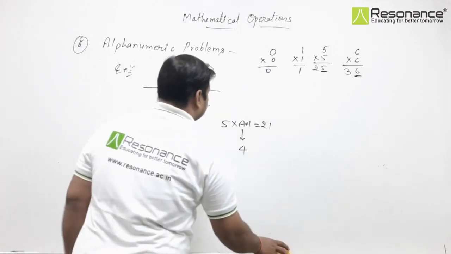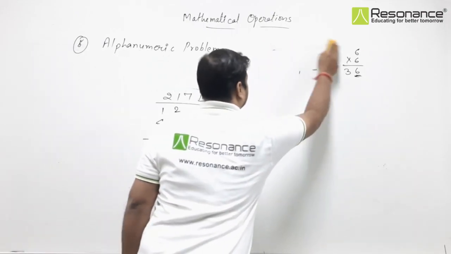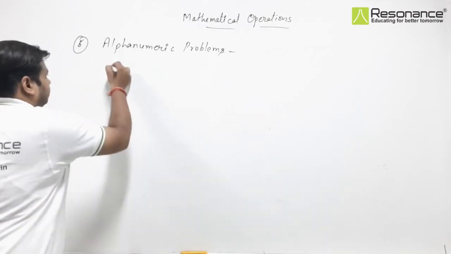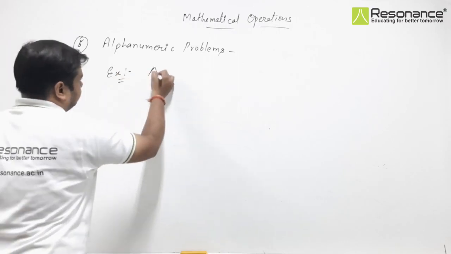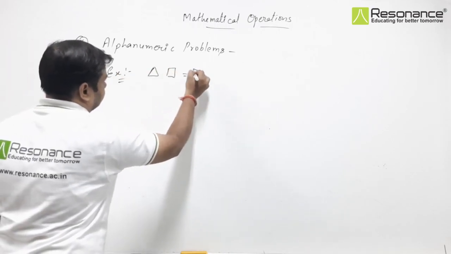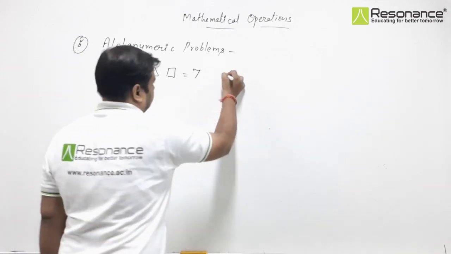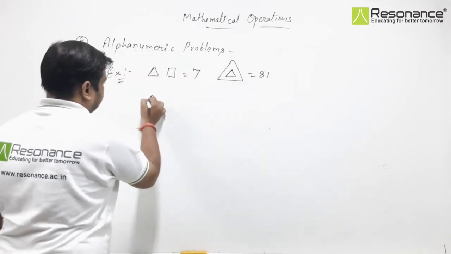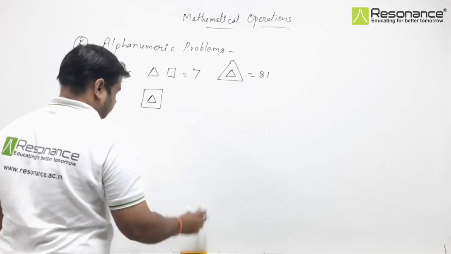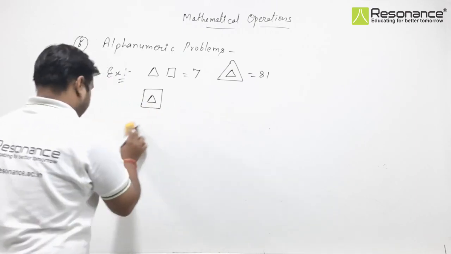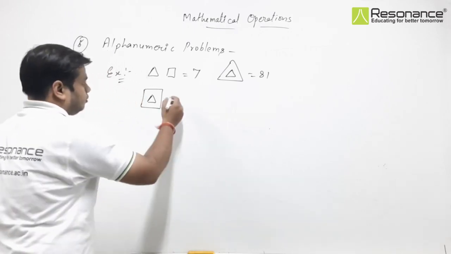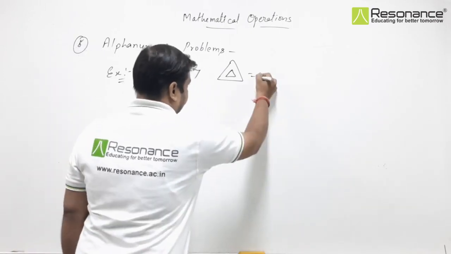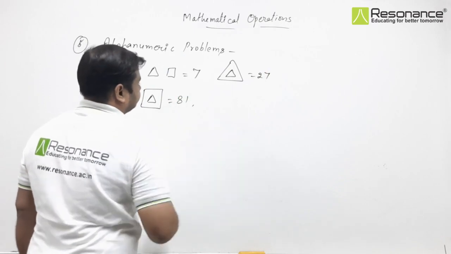Some other kinds of alphanumeric problems we also have. Just for an example, if we see, triangle and square will give us 7, triangle over triangle will give us 27, and square over triangle will give us 81.